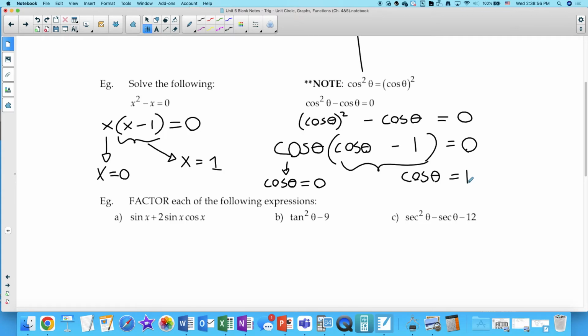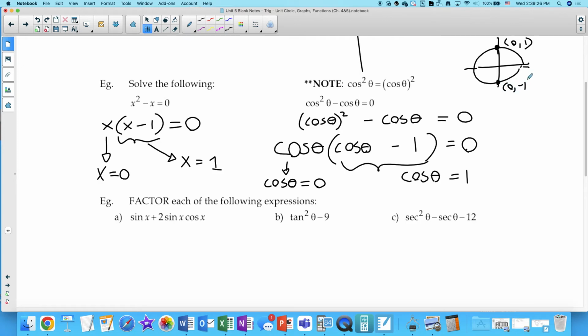Let's just work with degrees for now. 90 or 270, right? Because cosine is the x coordinate. So 0, 1, 0, negative 1. So here the solution is that theta equals 90 degrees or 270 degrees.